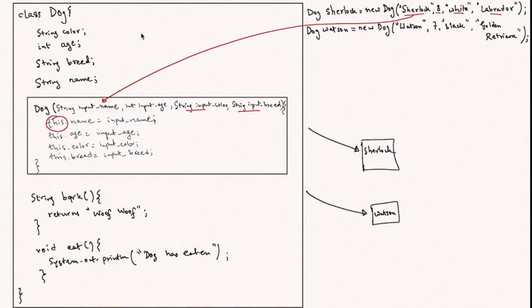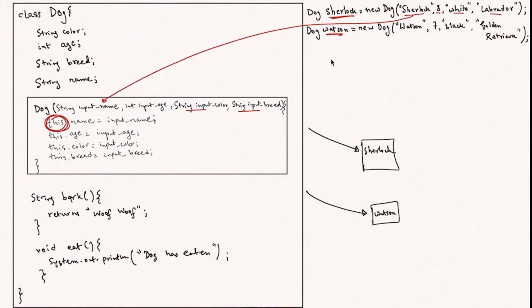So when Sherlock looks at this class and tries to get its attributes or use its methods, this refers to Sherlock. When Watson or this object tries to use this class, when this object uses its methods or abilities or behaviors, and when this object accesses its attributes, at that point, this refers to Watson, all right? So this refers to whichever object we are working with, right?